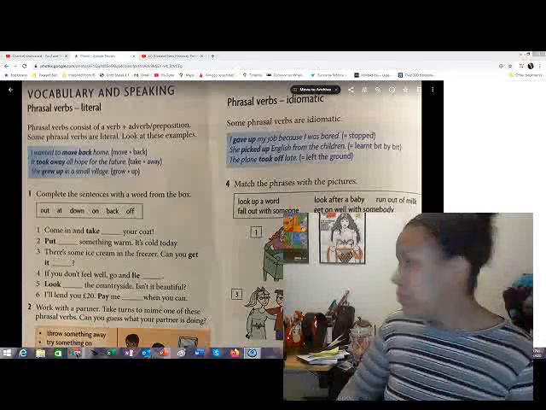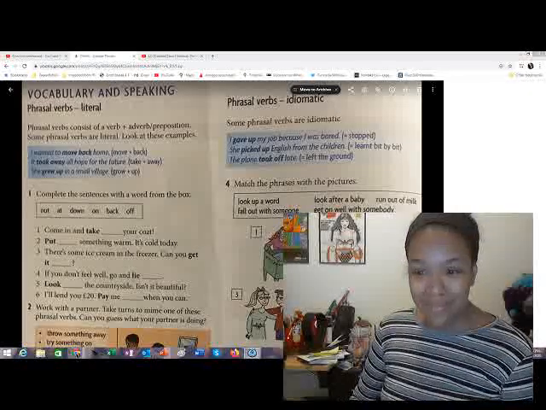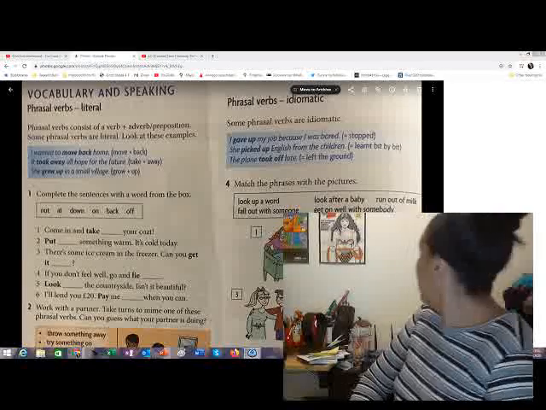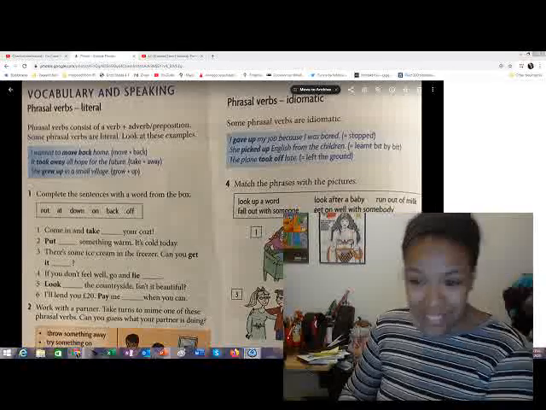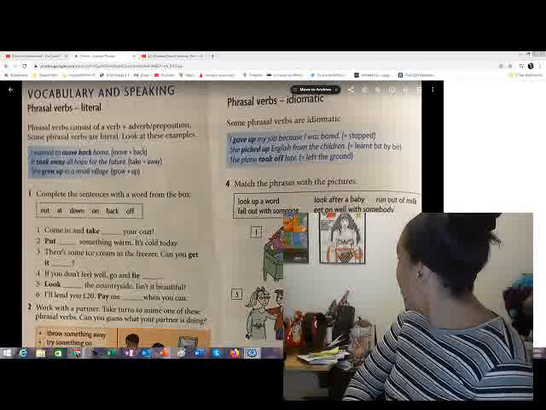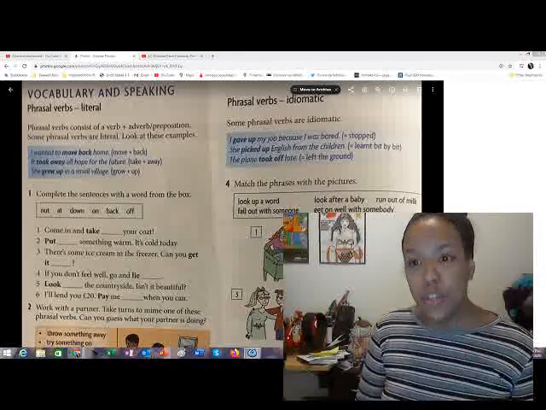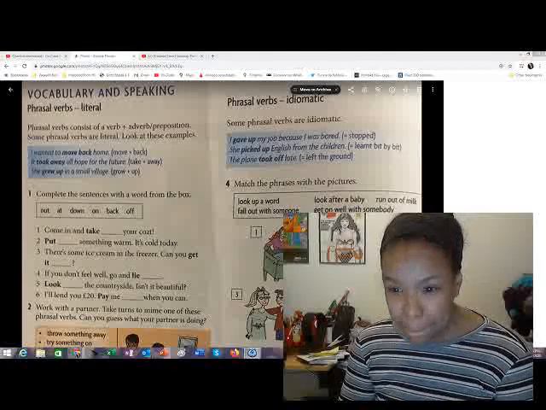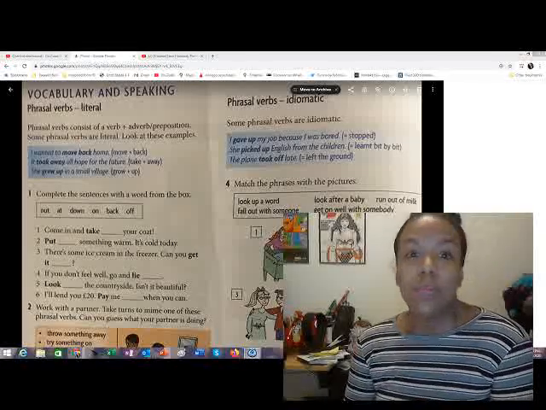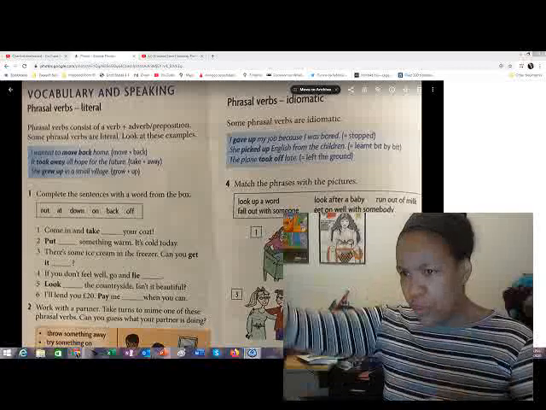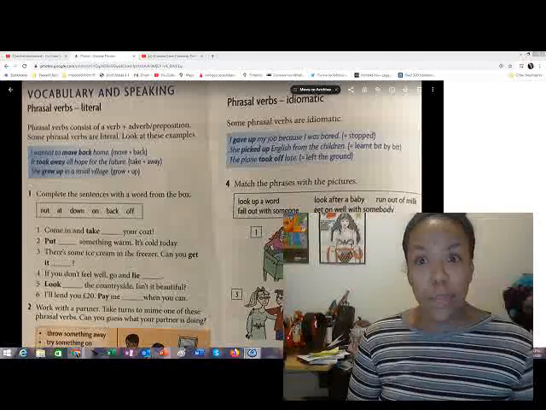Look back. I'm going to look back to see what that is. Look back. You can also use it in a figurative way. You can say, I want to move on with my life and I don't want to look back.